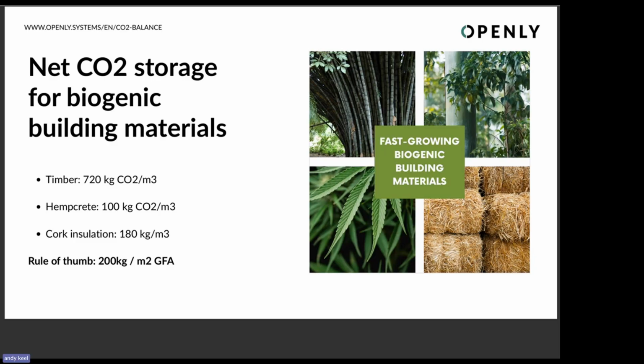Another one we already talked about is hempcrete, cork insulation, but there is also cellulose, bamboo, etc. As a rule of thumb, you see it here on the slide: if you build a building with timber, like a mass timber building, you can take as a rule of thumb 0.2 tons net C-sink per gross floor area. That also matches the values we generated in the Valley Vinau project.